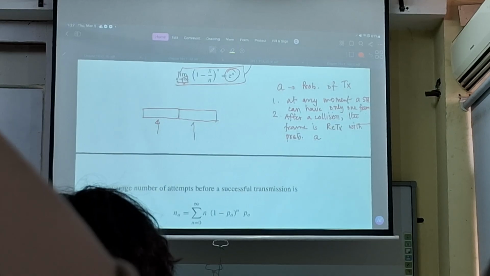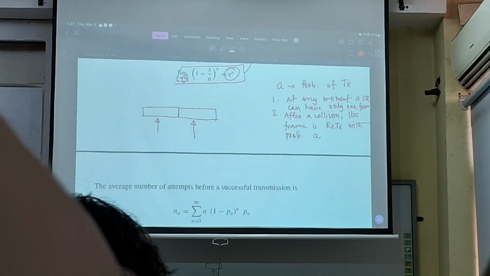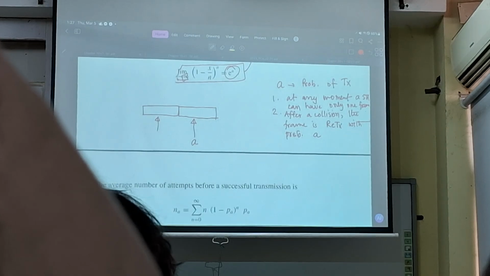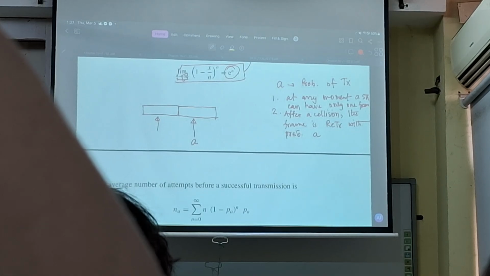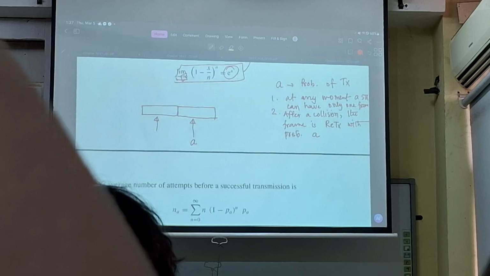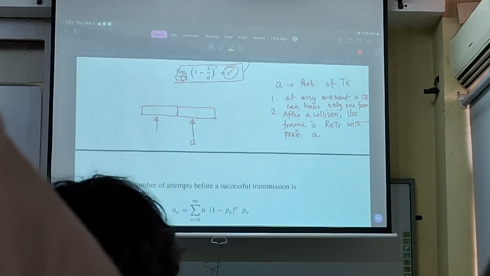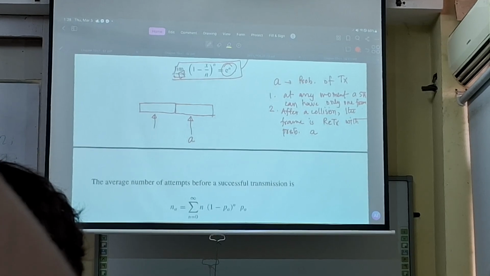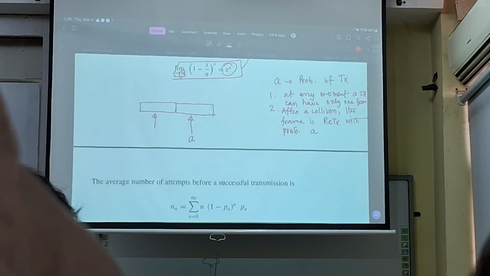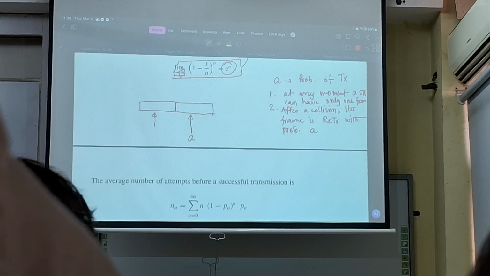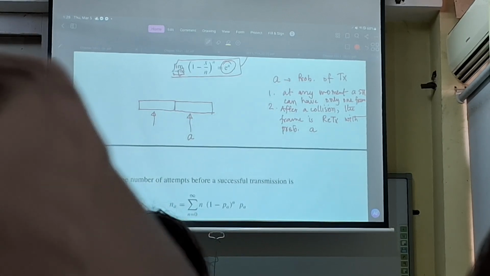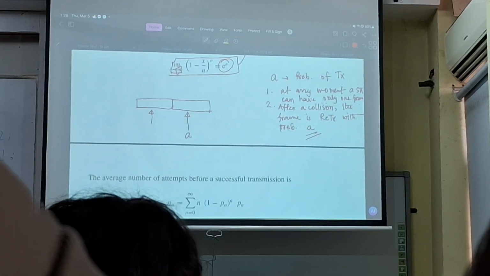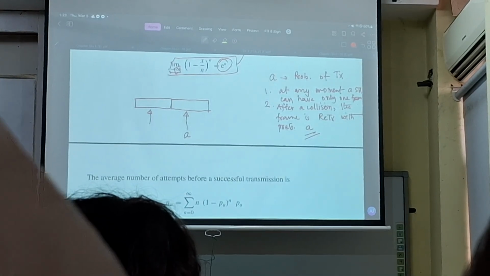At any particular time period, a station always has the probability A to transmit. If the station is idle, it receives a packet with probability A. If the station experiences a collision, it forwards that same packet with probability A. So whether the station receives a new packet or retransmits a packet, in both cases the probability is A that the station will transmit at any point of time.